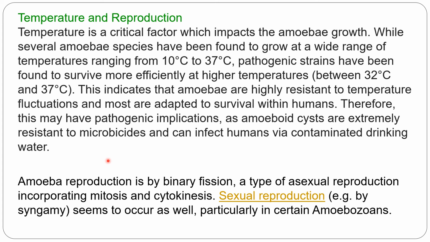While several amoeba species have been found to grow at a wide range of temperatures ranging from 10 degrees centigrade to 37 degrees centigrade, pathogenic strains have been found to survive more efficiently at higher temperatures between 32 degrees centigrade to 37 degrees centigrade.